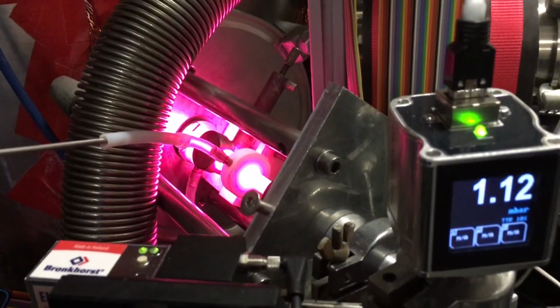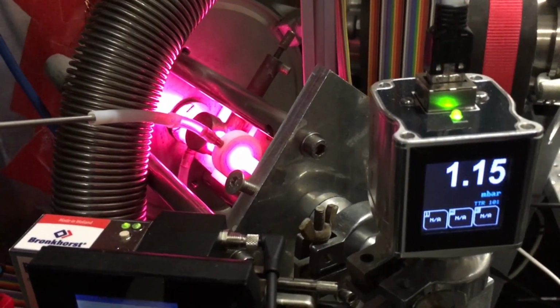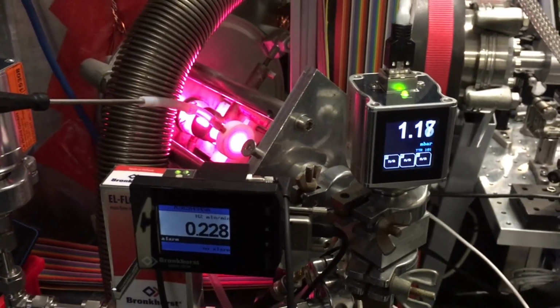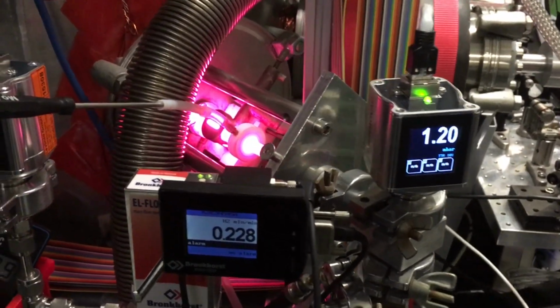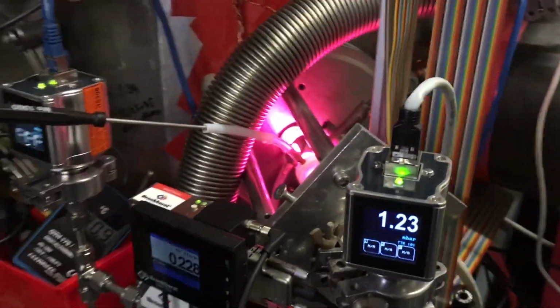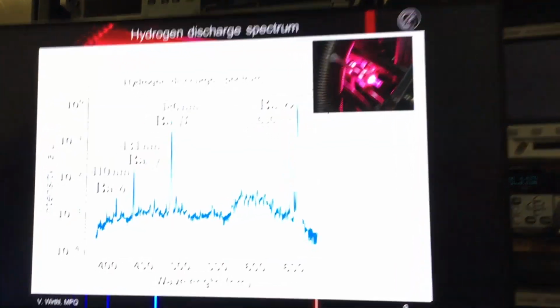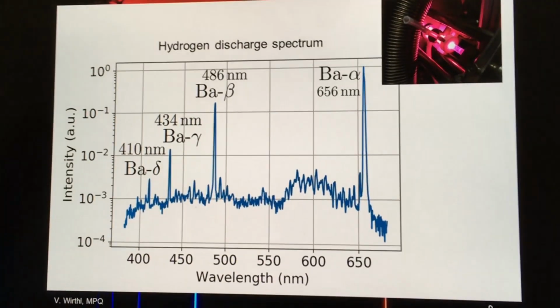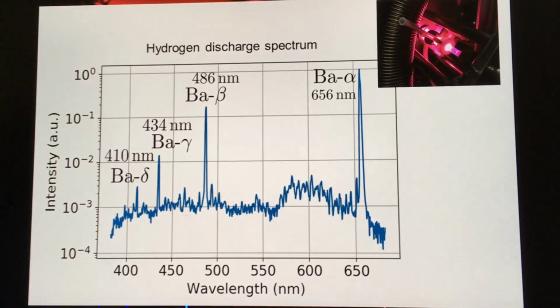And this is basically hydrogen plasma where all kinds of excitation takes place. And here I have a picture of the hydrogen discharge and the corresponding hydrogen discharge spectrum.